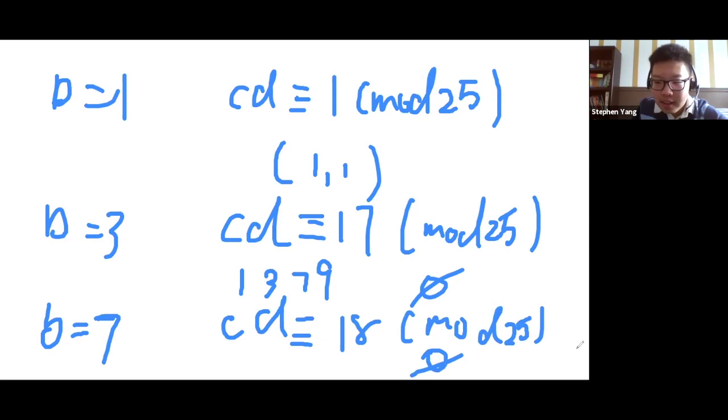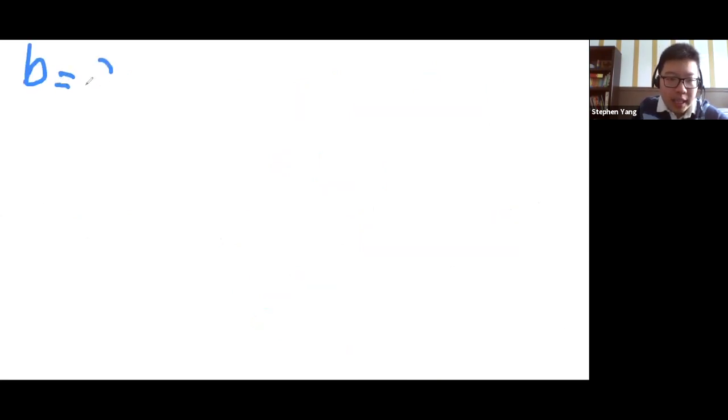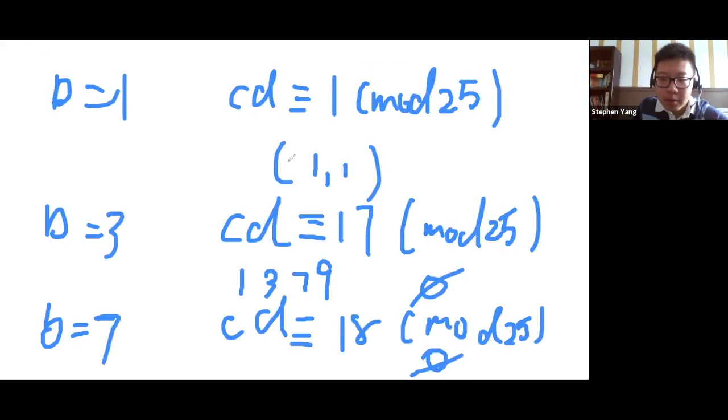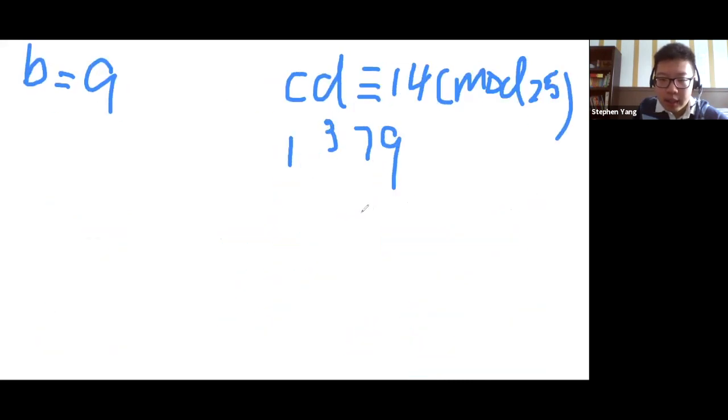And now when B is equal to 9, we'll have CD is congruent to 14 mod 25. So it only could be 1, 3, 7, 9. Once again, this is unachievable.